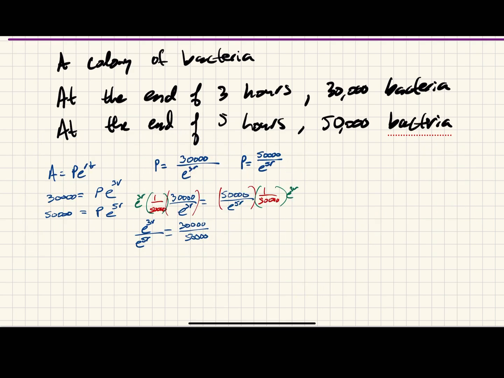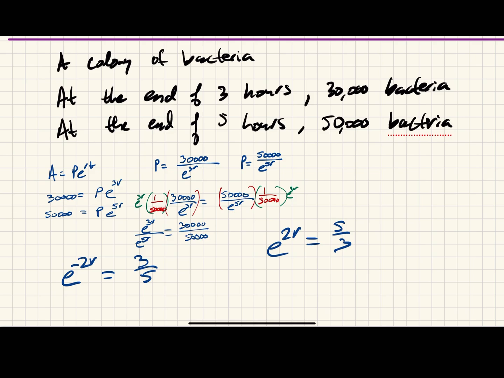So I'll have e to the minus 2r equals, that's really just 3/5, right? Actually, that also says that e to the 2r is 5/3, doesn't it? Because e to the minus 2r is 1 over e to the 2r. So I'll just make it easier on myself by writing that.